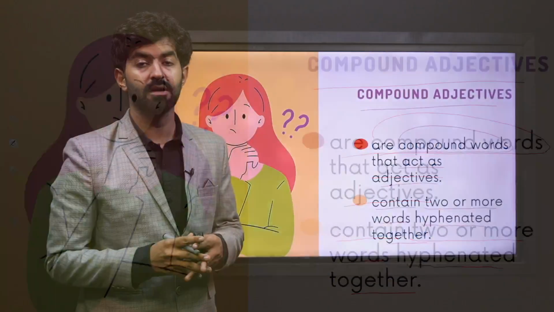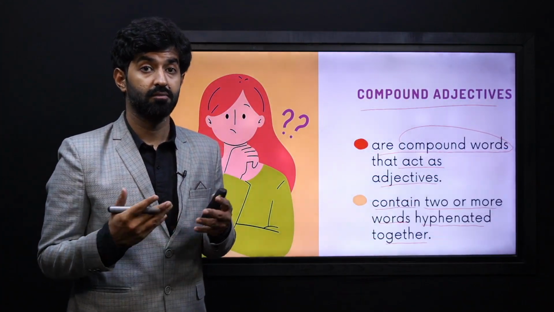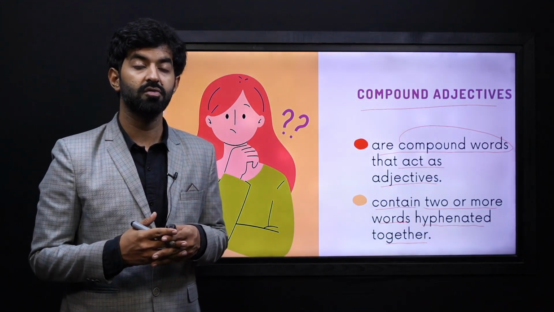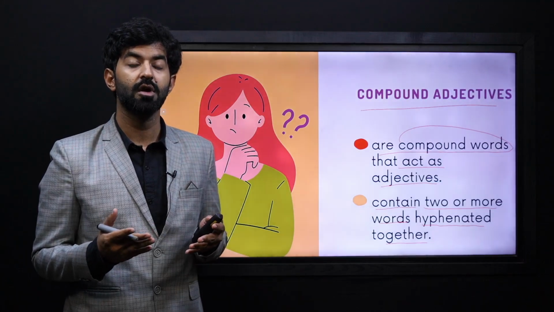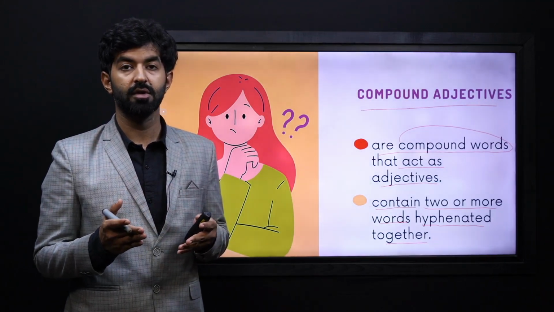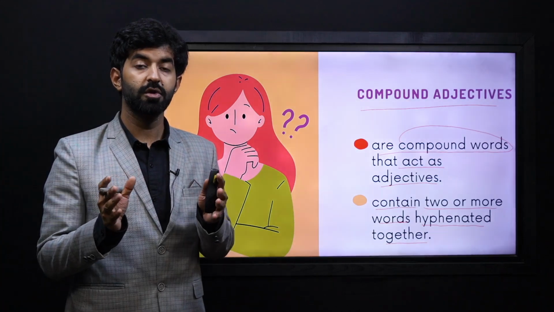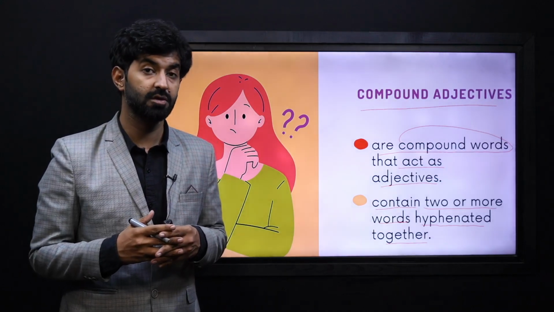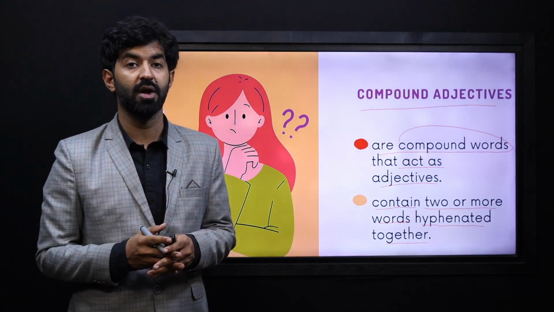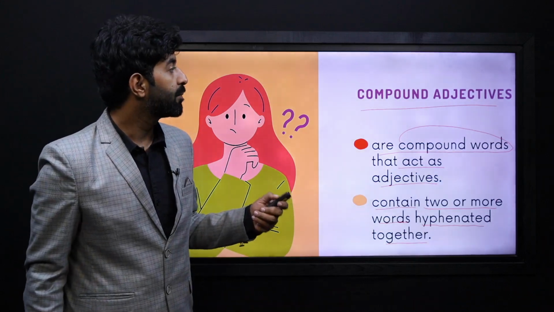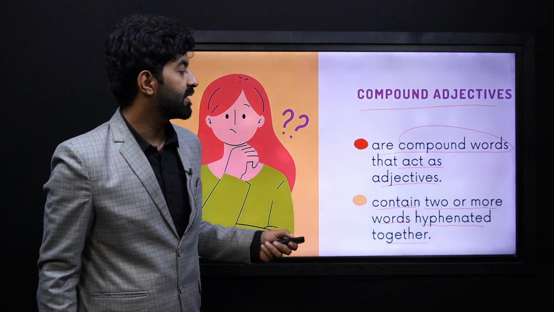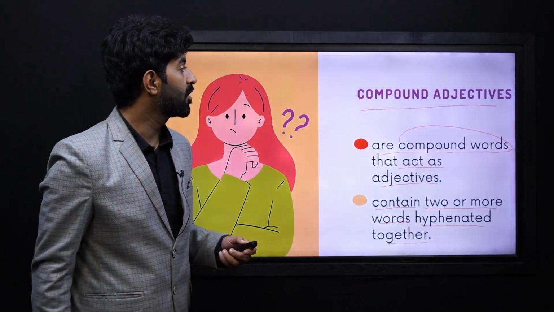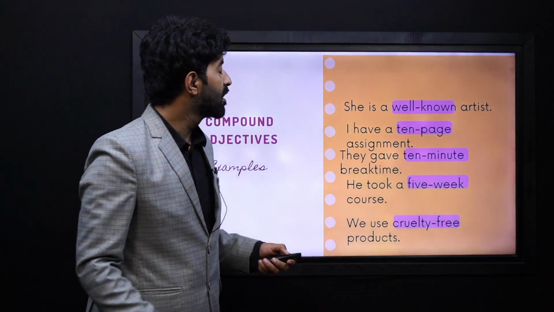Now, we know that compound words are written in three different ways: with a hyphen, as two different words with a space, or put together without any space. So these are the three different ways in which we can write our compound words. Compound adjectives are also words that act as adjectives together as one adjective. Now let's talk about them with examples.